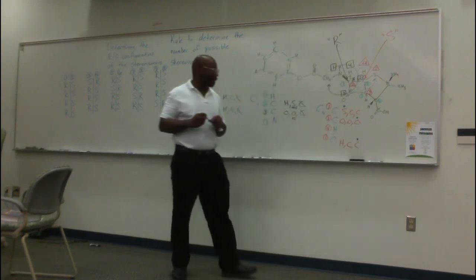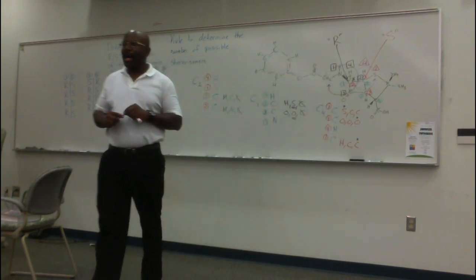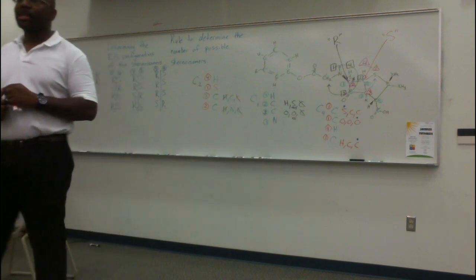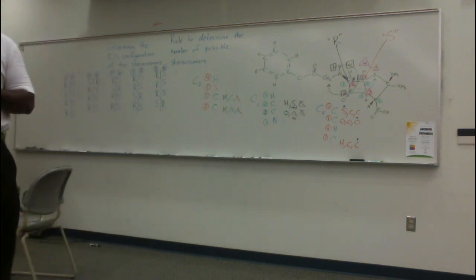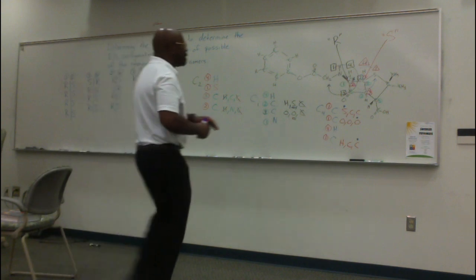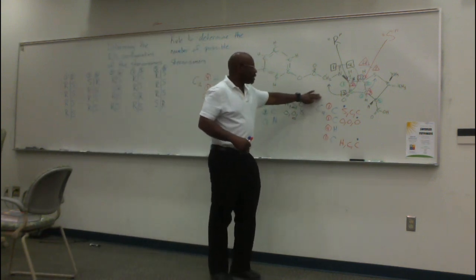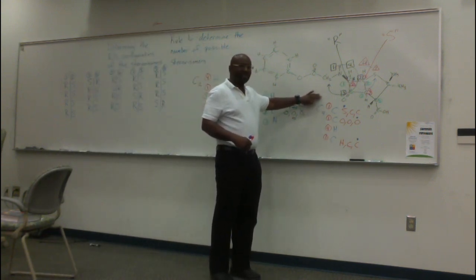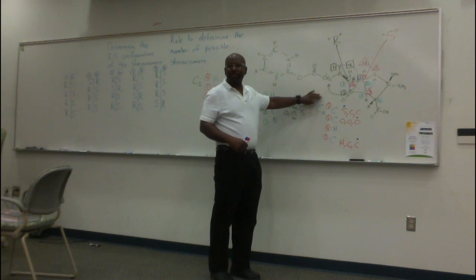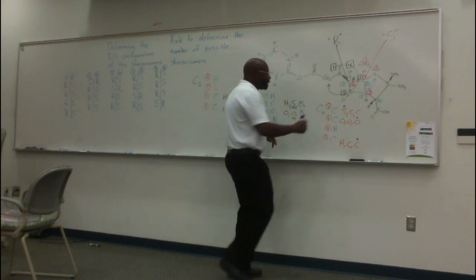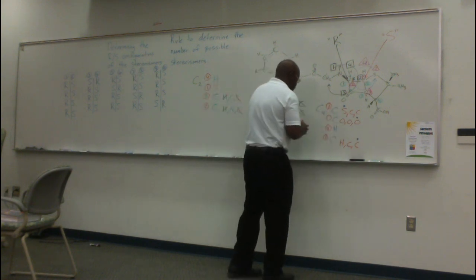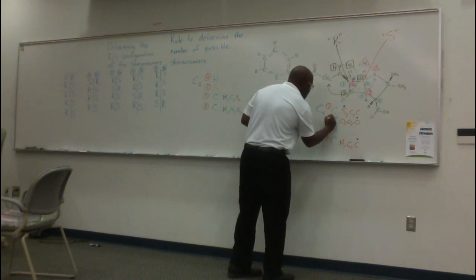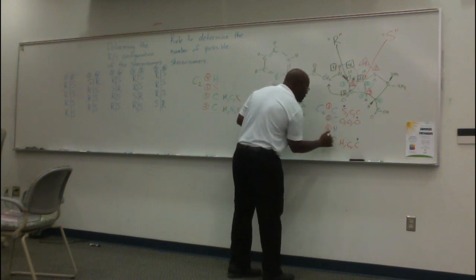Of the 3 atoms, sulfur, oxygen, carbon, which has the highest atomic number? Sulfur. That will be the outright number 1. Between oxygen and carbon, oxygen makes this group number 2. And the last one will be group number 3.